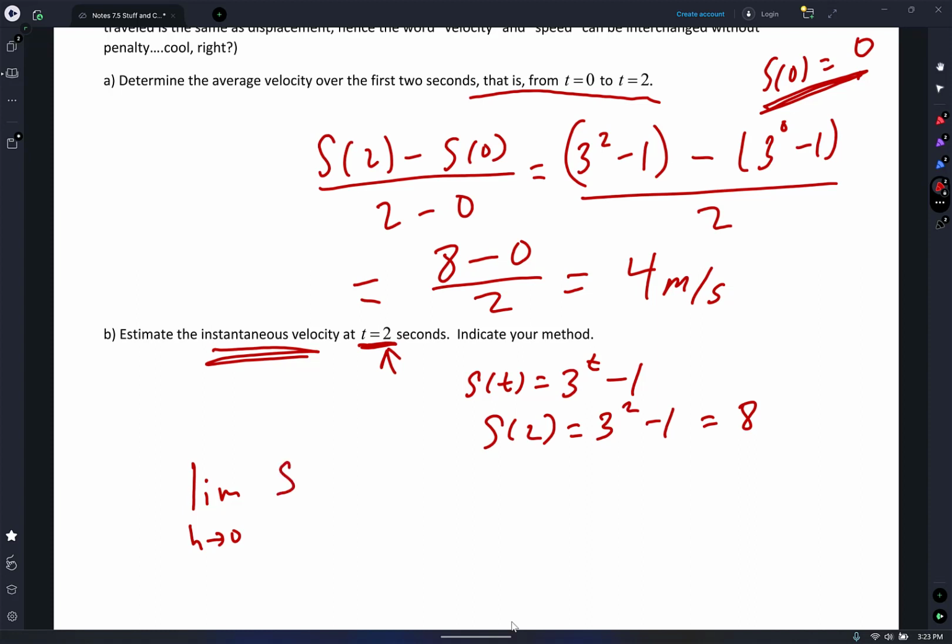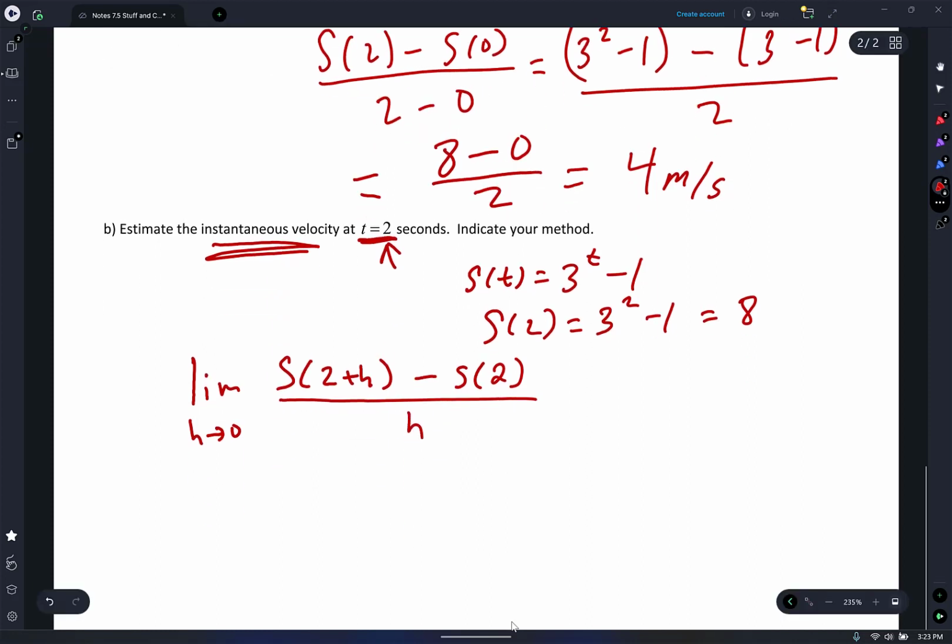Okay. s of 2 plus h minus s of 2. This is like final position. This is like initial. And all this is divided by what? h. All right. Here's how this looks now.